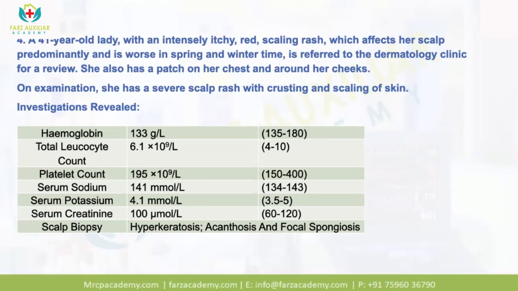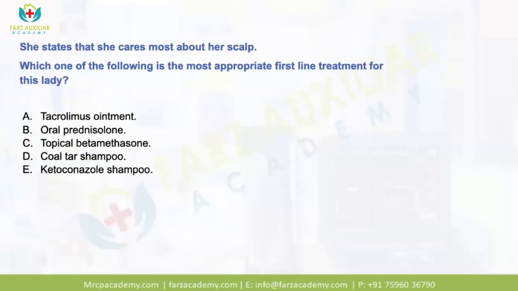Investigations are almost within normal limits. Scalp biopsy shows hyperkeratosis, acanthosis, and focal spongiosis. She states that she cares most about her scalp. Which one of the following is the most appropriate first-line treatment for this lady?